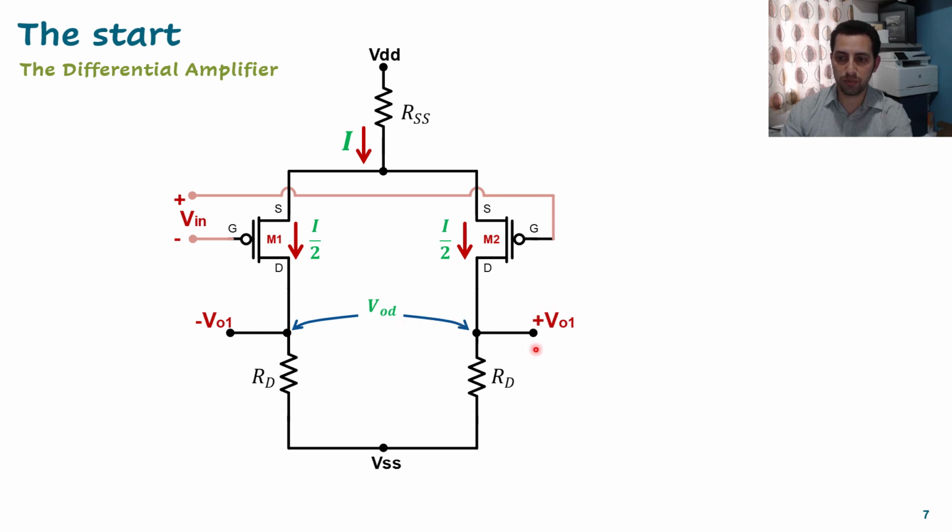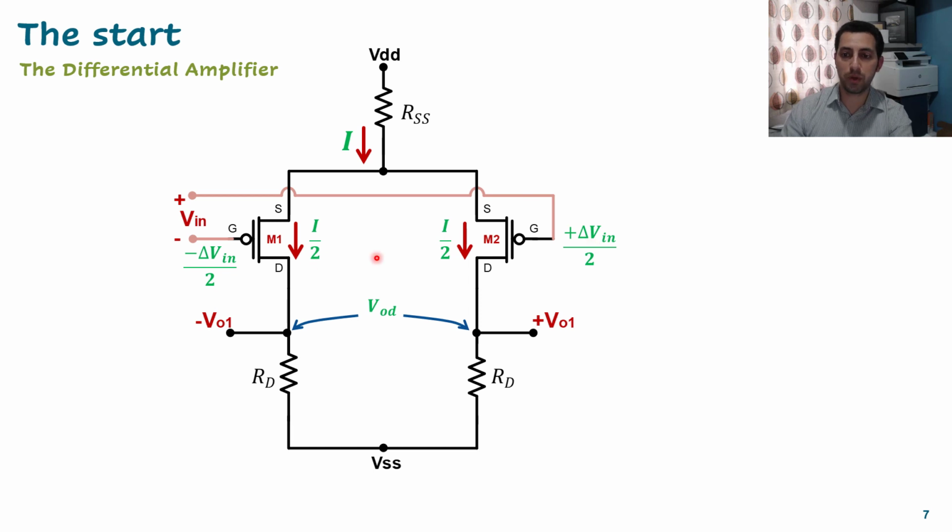We can compute the voltage at this node and the voltage at that node, and subtract them from each other to get Vout. By bringing in a very small change, for example delta Vn, we divide that delta Vn by 2 here, and exactly the same portion with a negative sign, by 2 here.